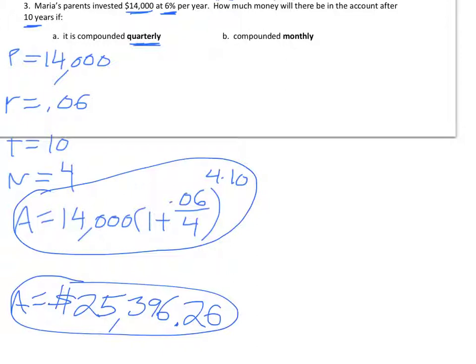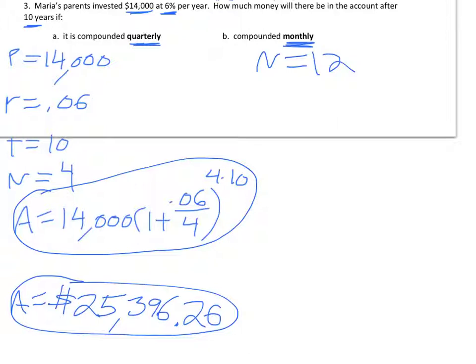If you move on to B, it's the same situation, but now you're going to compound it monthly. So everything's the same. P is still 14,000, R is still 0.06, T is still 10, but what you change here is N is 12.